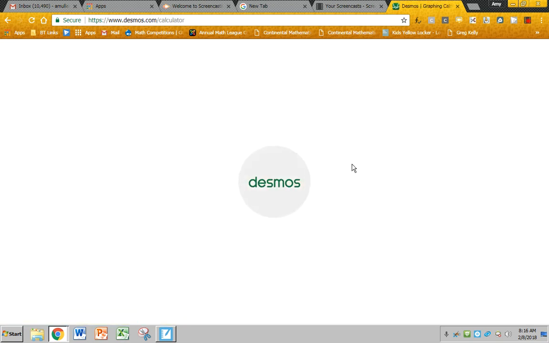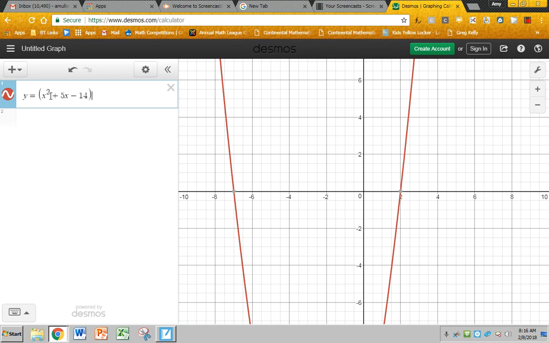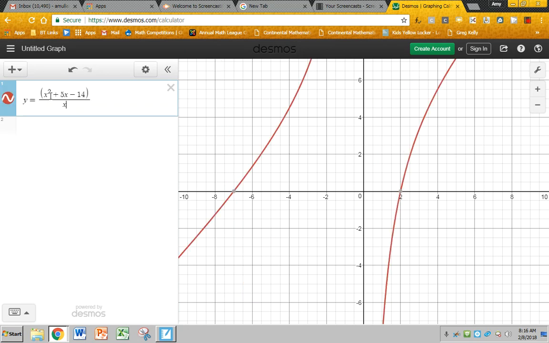We'll do y equals, parentheses, x squared plus 5x minus 14, close parentheses, divided by x.